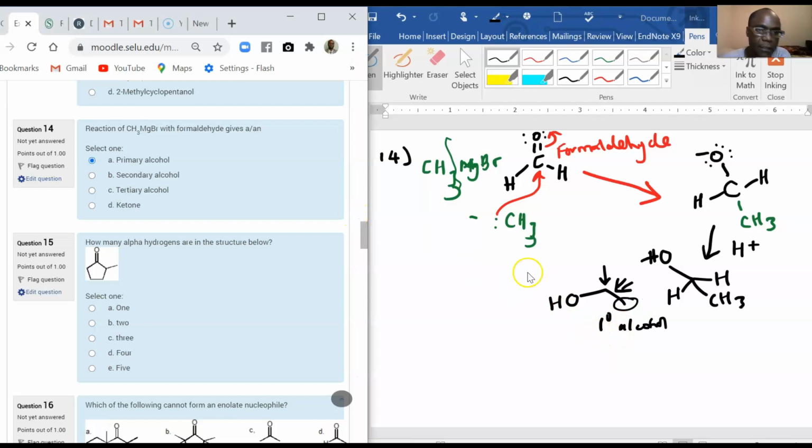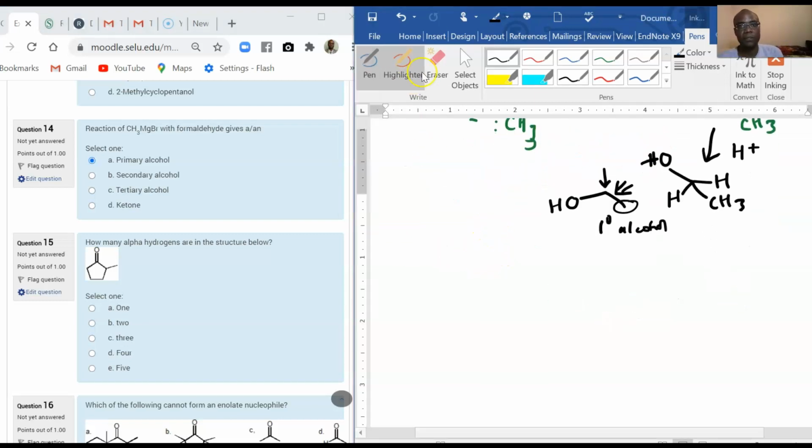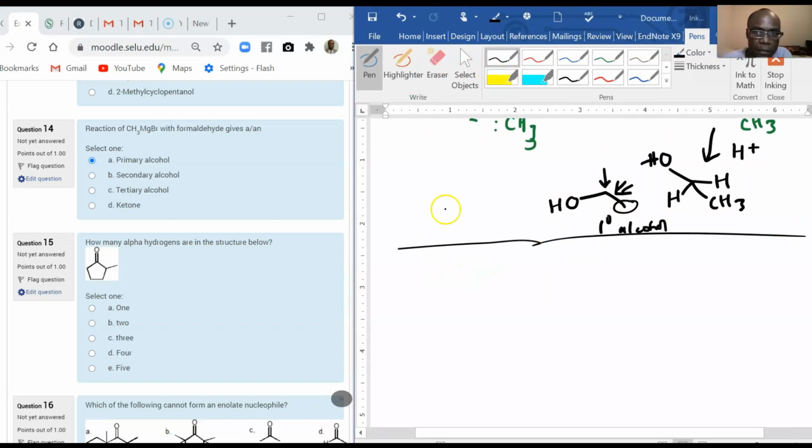How many alpha hydrogens are in the carbon in the structure below? So for question 15, I see you have a ketone. Alpha carbon is a carbon next to the carbonyl.